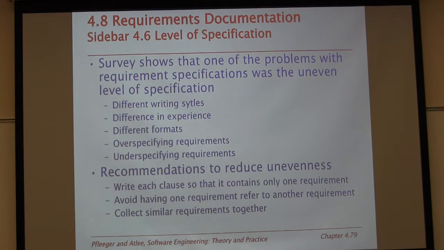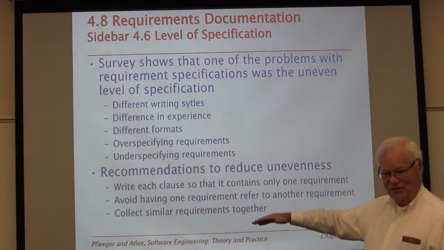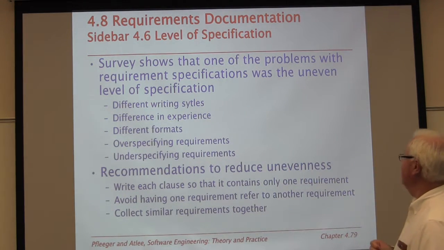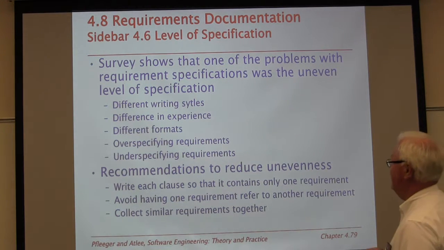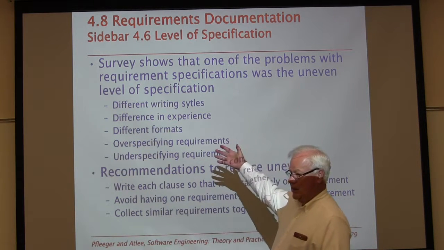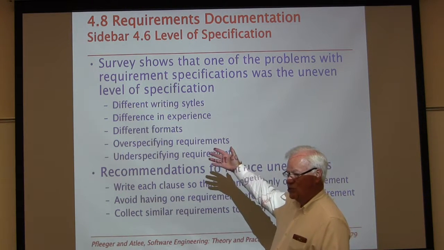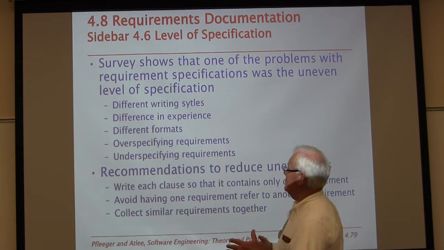So, one of the problems, we looked at the problems earlier about management involvement, all those different things, right? Well, we also find that problems in requirement specifications are due to uneven level of specification. As we're getting our specifications for requirements from several sources, these things can happen.